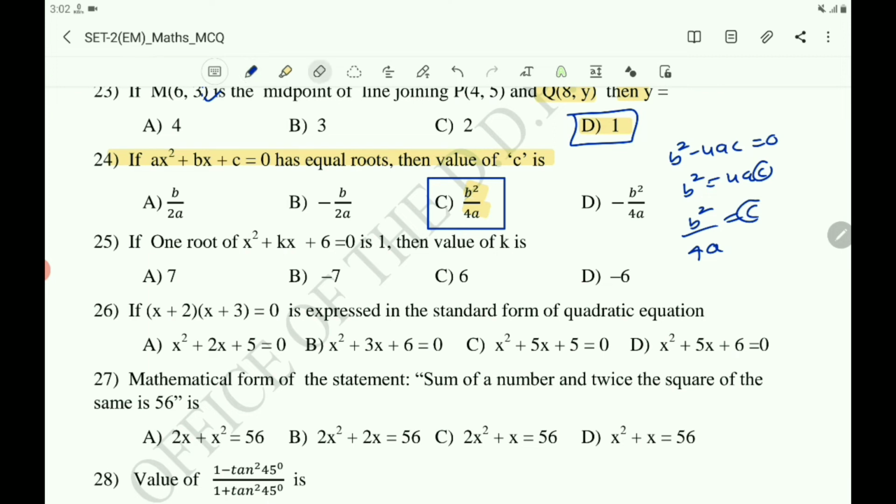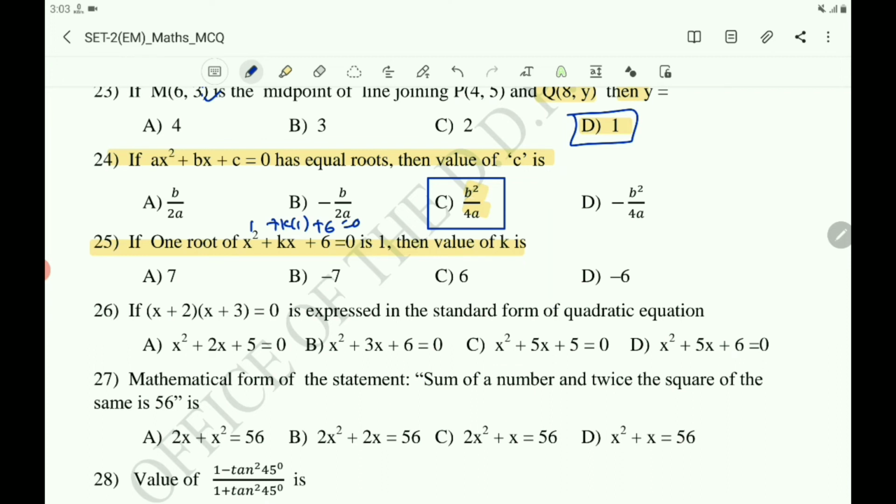Then you take the next question, question number 25. If 1 root of x square plus kx plus 6 equals 0 is 1, then the value of k is. It is given that 1 root is 1. So in the place of x you write 1. That is 1 square plus k into 1 plus 6 equals 0.